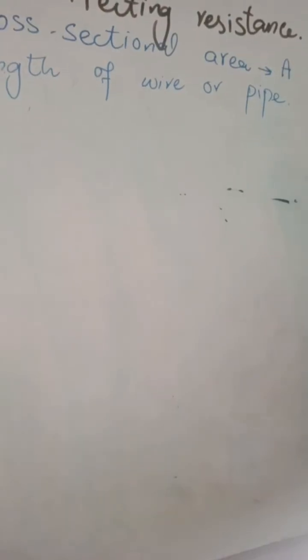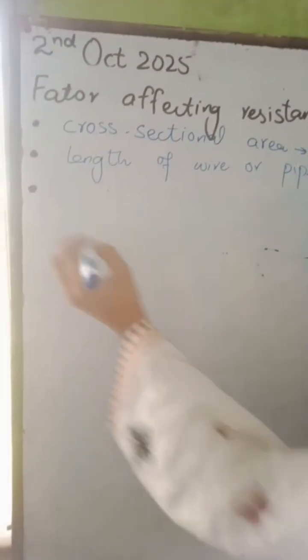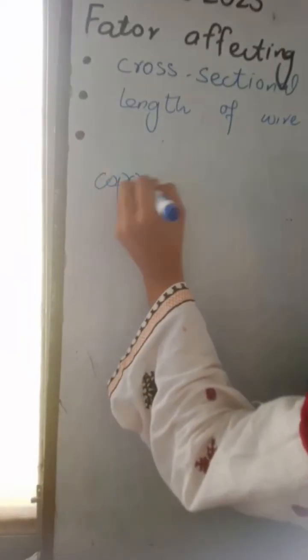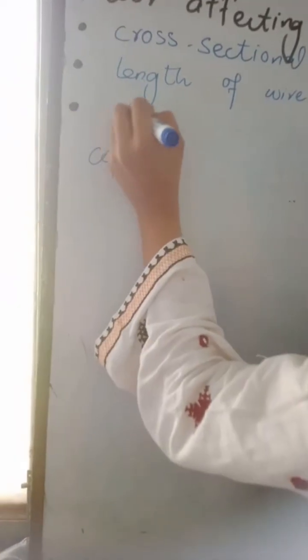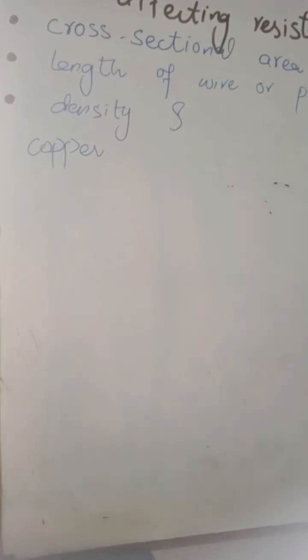We know that current passes through a wire, which is a good conductor like copper. Here density is also a factor. Clear? Here we will talk about copper wire and a pipe.